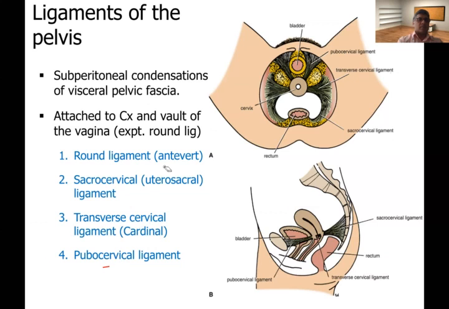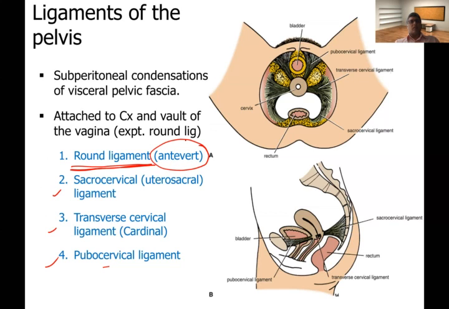And these three ligaments, the second one, third one, and fourth one, are the important ligaments that maintain the position of the uterus, maintain the stability of the uterus, suspend the uterus. The round ligament is also important to keep the anteversion position of the uterus.